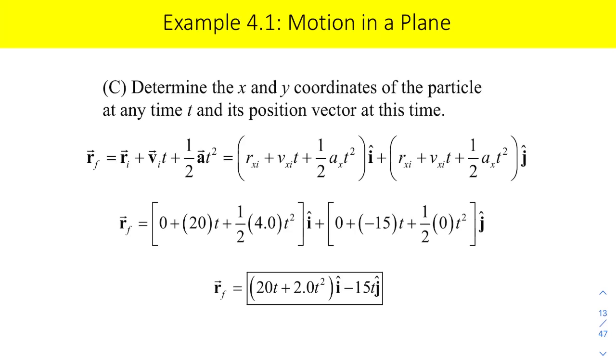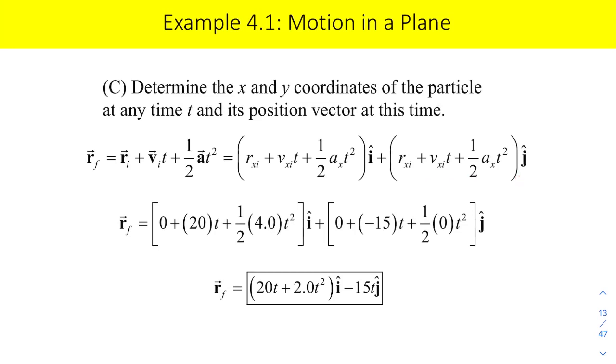C. Determine the x and y coordinates of the particle at any time t and its position vector at this time. Coordinate means that you are going to use the r formula. You have this one, then every single thing has components, all of it in terms of i, in terms of j.